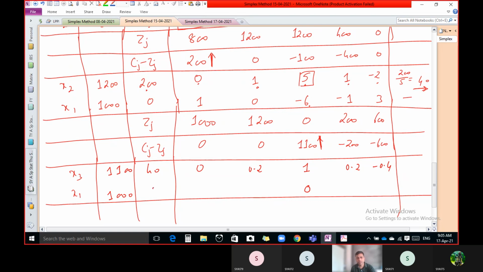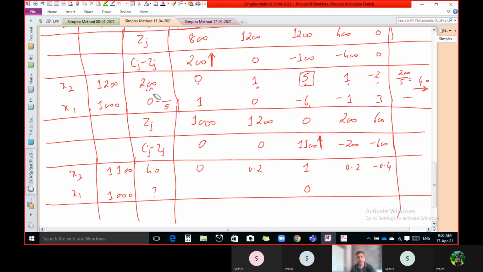Now to calculate this value, what is the formula? Old value minus the multiplication of the two dotted values divided by the key element. The key element is 5, so the denominator is fixed at 5. Now see the corresponding dotted values of this 0 in its row and column. Here it is 200, and the dotted value is minus 6.